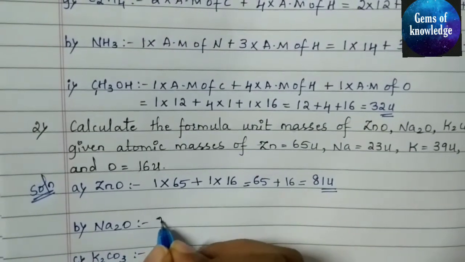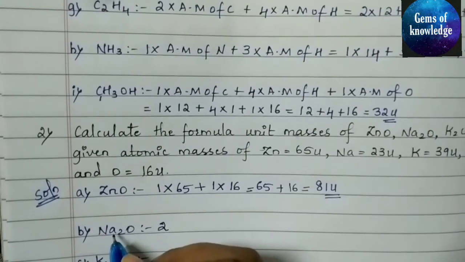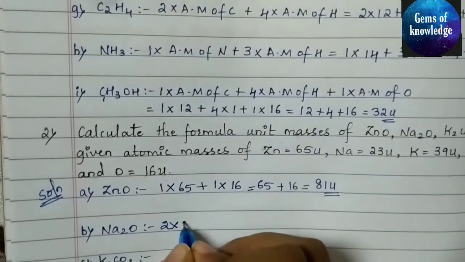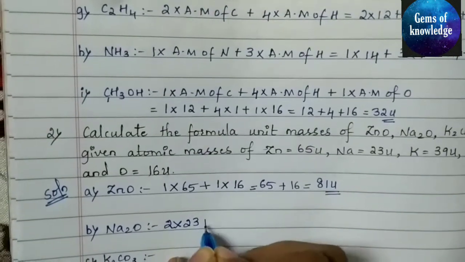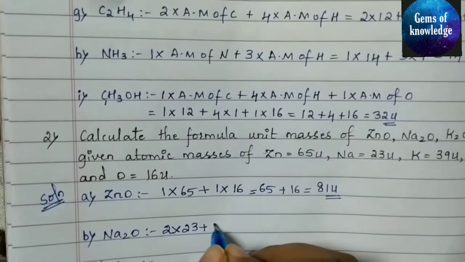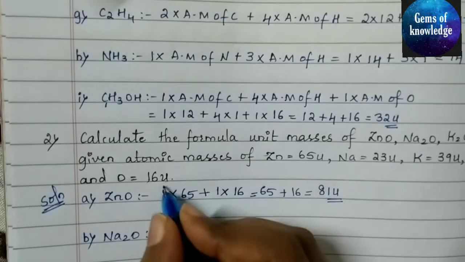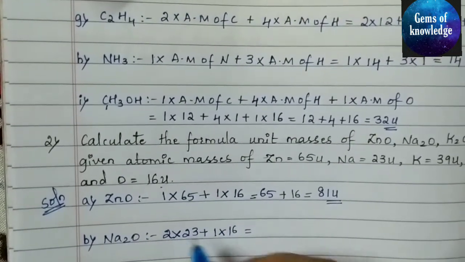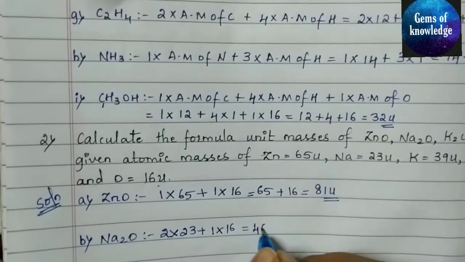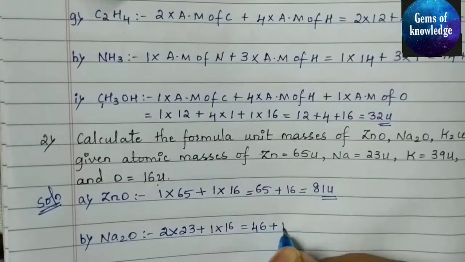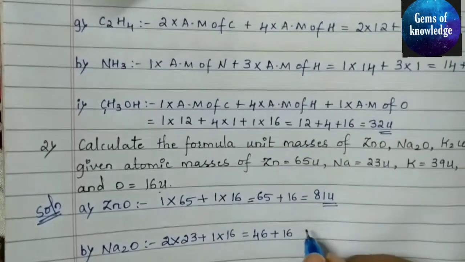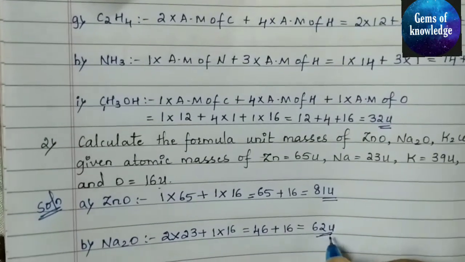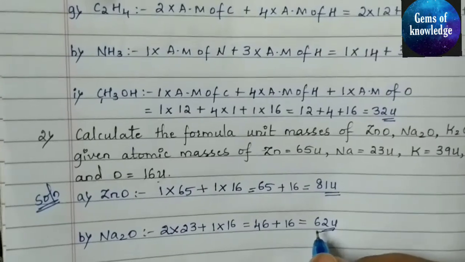Na is given how many times? 2 times into what is the number here? Atomic mass, that is 23, plus O is given how many times? 1 time into what is the atomic mass? That is 16. So here 23 into 2 is nothing but 46 plus 16. So here we are getting the answer as 62 units. Okay, when we add this we are getting 62.